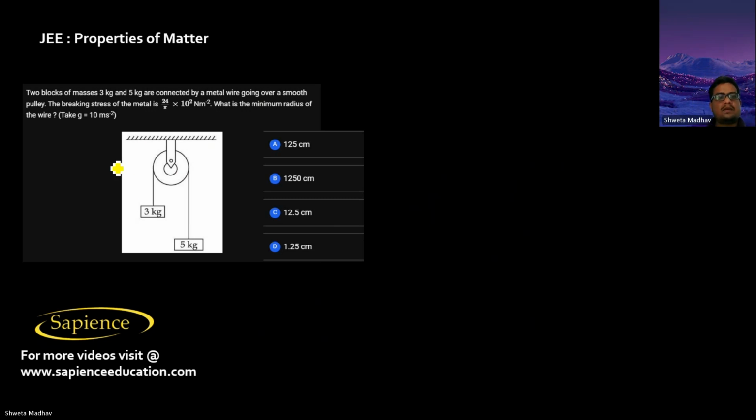The breaking stress of the metal is 24 by pi into 10 power 2 Newton per meter square. And what is the minimum radius of the wire?